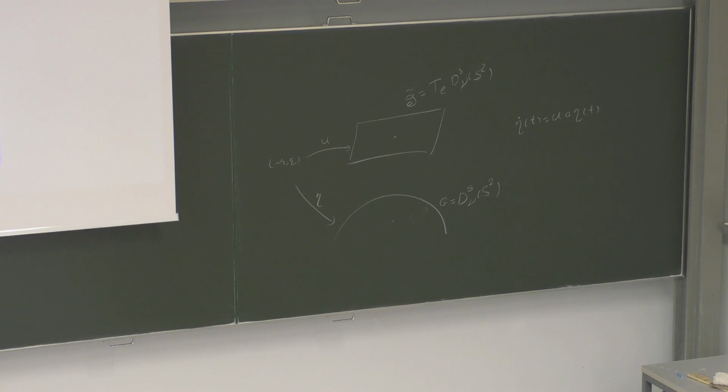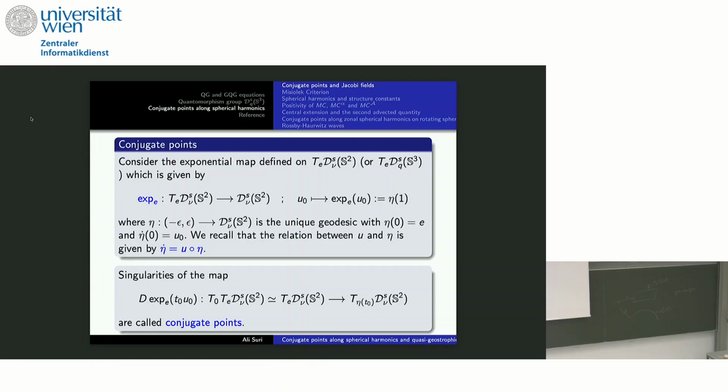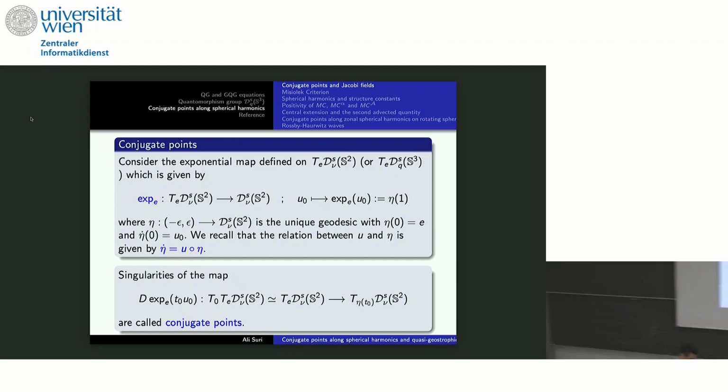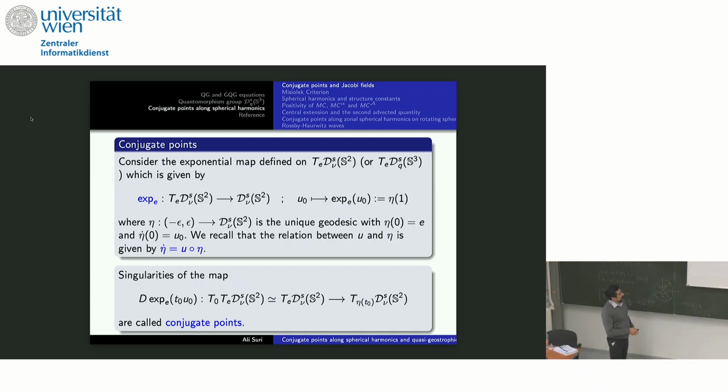You have a solution of the Euler-Arnold equation, and you have another geodesic also. So we consider the geodesic at time 1. This kind of data solution map. The singularities of this exponential map are called conjugate points, in the sense that we differentiate it at this point, for example, then the tangent space is just a vector space.